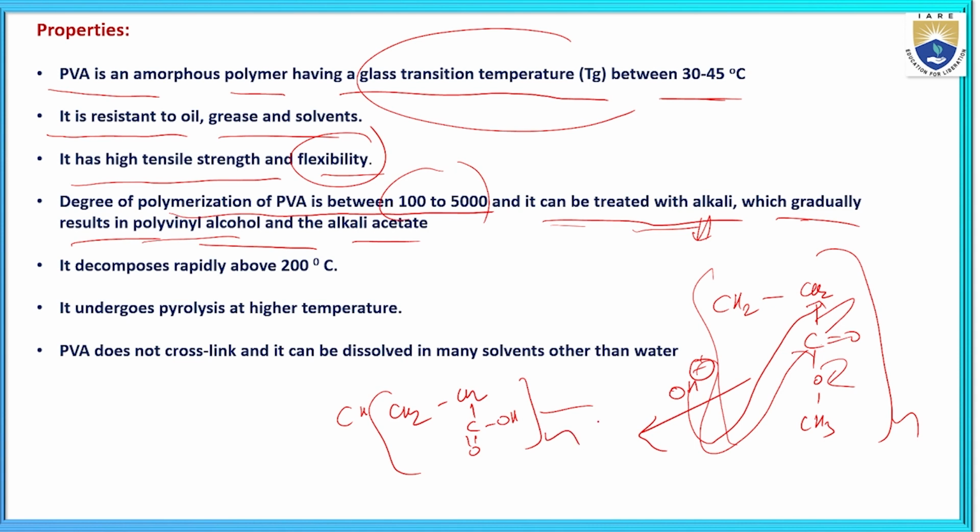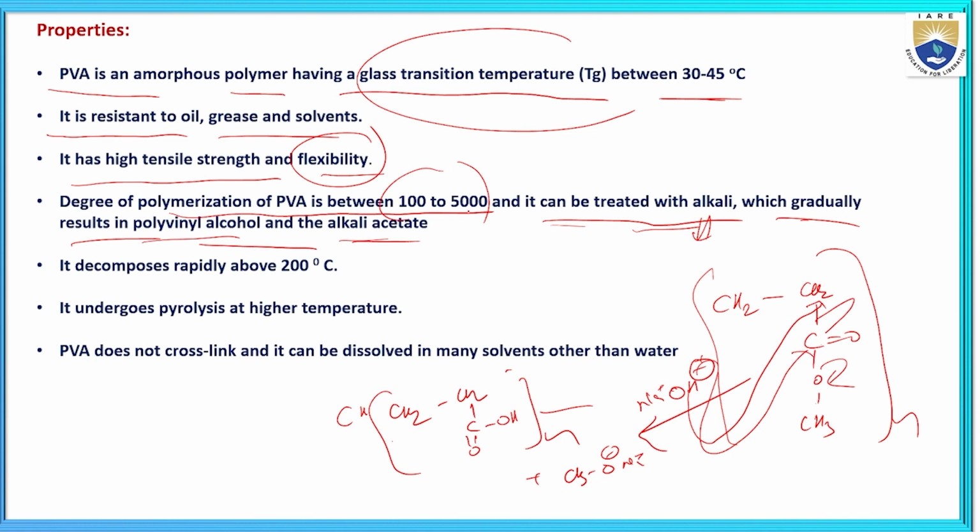If you take NaOH, it will form CH3O minus Na plus and the polymer with OH groups. It will form polyvinyl alcohol as well as the alkali acetate. In the presence of alkali, it will form polyvinyl alcohol and this alkali acetate.